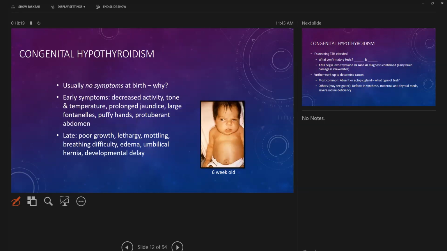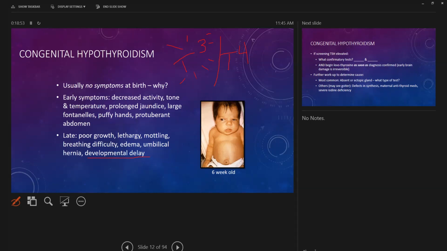One of the main reasons we do that is we want to catch this early so that we don't have any developmental delay, and that's the big issue there. So with congenital hypothyroidism, usually there are no symptoms at birth, because at birth they're born with mom's T3 and T4, and the active metabolite is T3, right?